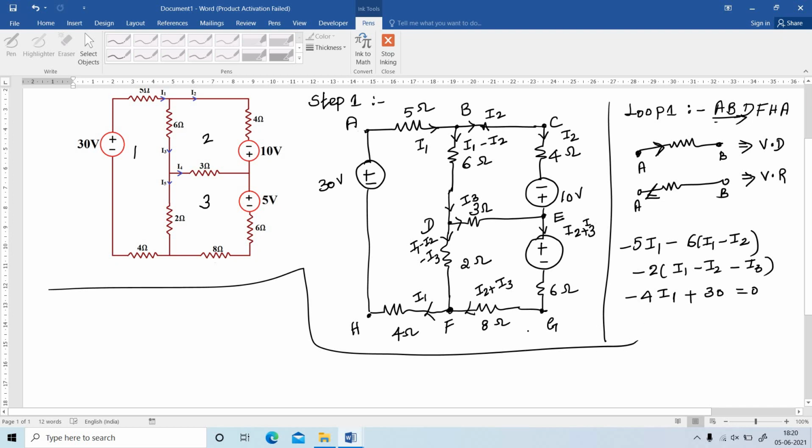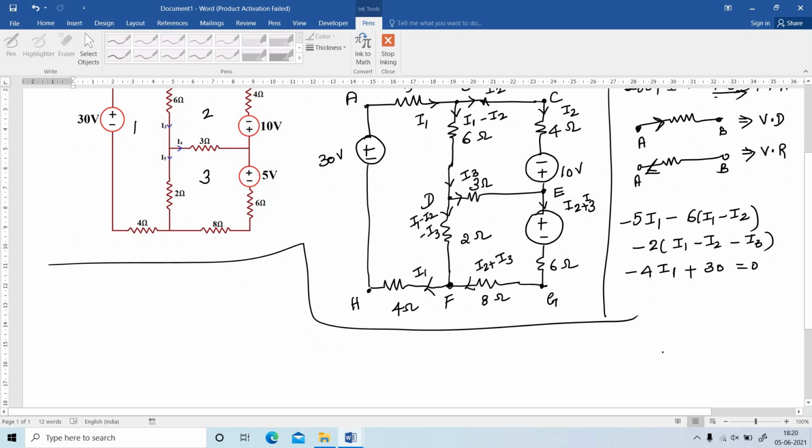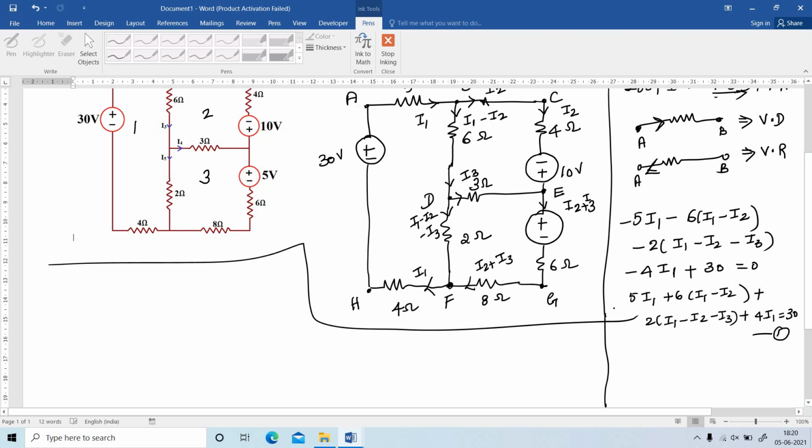Multiply the whole equation by minus 1. So we get 5I1 plus 6 into I1 minus I2 plus 2 into I1 minus I2 minus I3 plus 4I1 equal to 30. This is equation number 1.